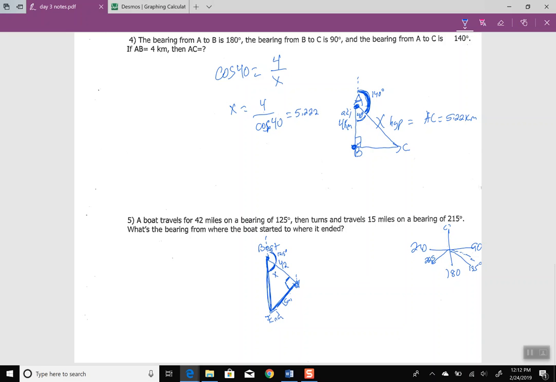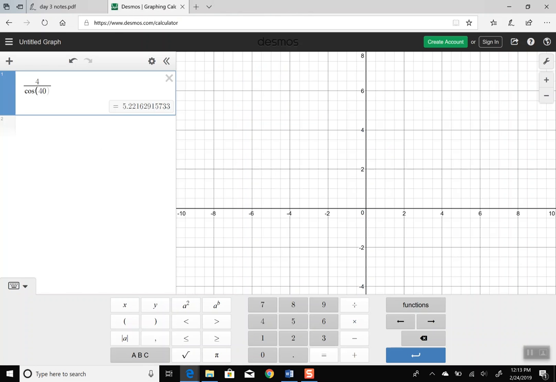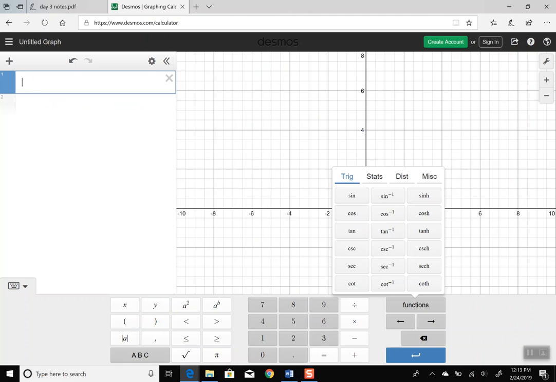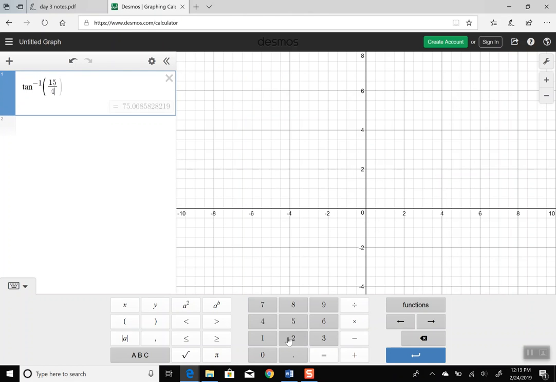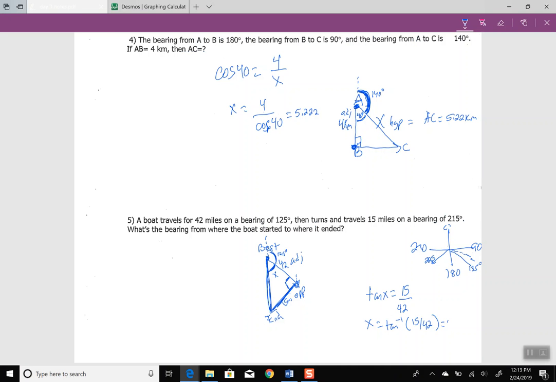So I care about the adjacent side and the opposite side from this angle x. So that's going to be tangent. Tangent of x equals opposite over adjacent, TOA. So x is going to be inverse tangent of 15 over 42. Inverse tangent of 15 over 42 gets me 19.654 degrees.